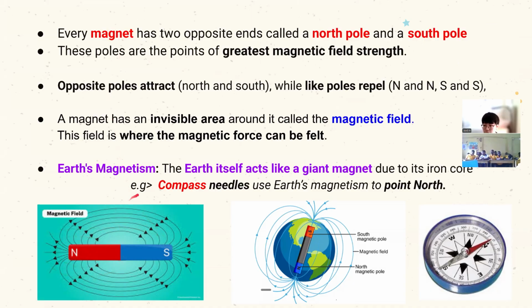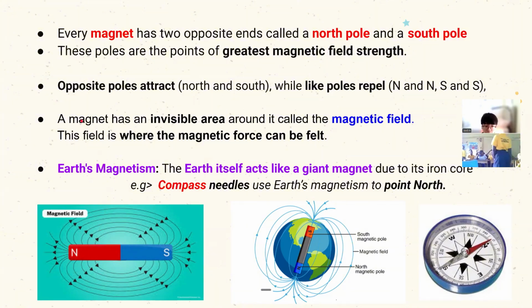You may know the picture of a magnet has this letter N and this letter S. N represents the North Pole and the S represents the South Pole. And these poles are the points of greatest magnetic field strength. So it is really at the polar side, at the very end.